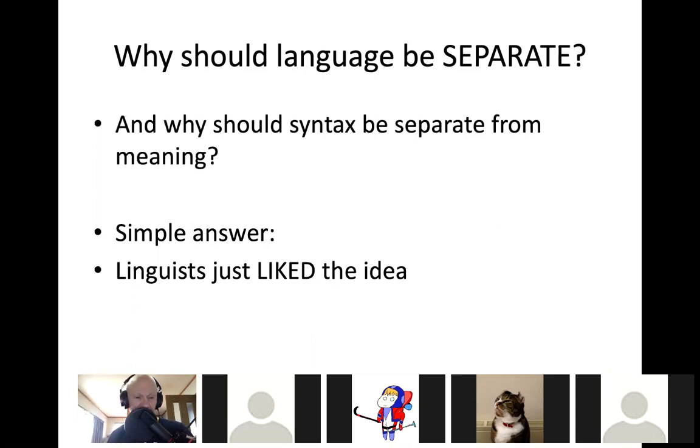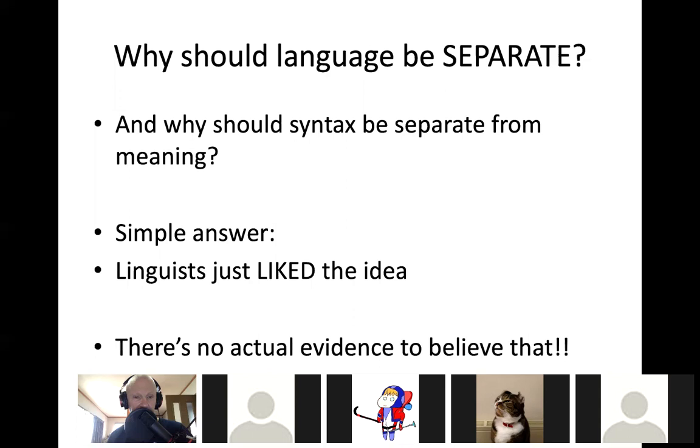So linguists just like the idea that syntax, grammar, is separate from meaning. And there's no actual evidence to believe it. In fact, people will talk as if there is, but in fact there isn't. Okay, anyway, let's move on.